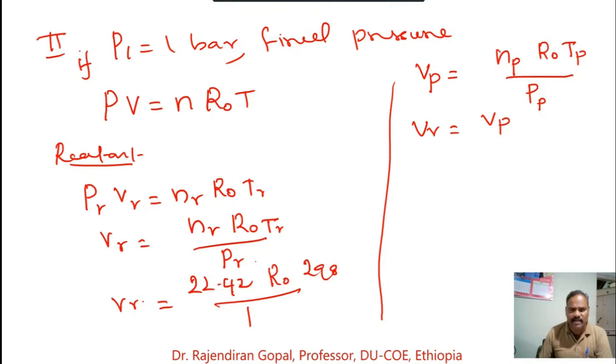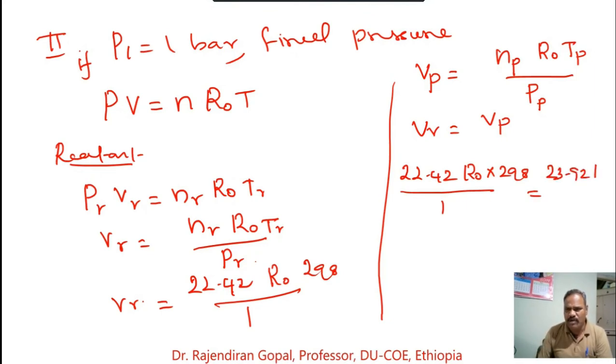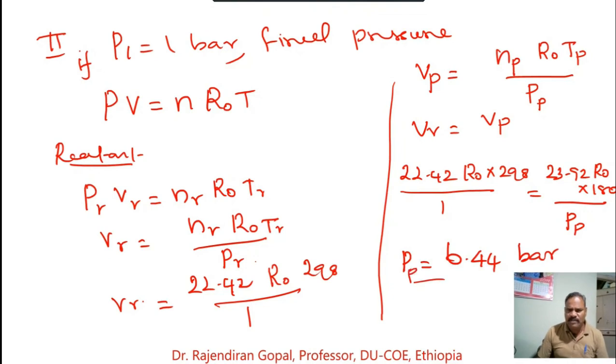Equating these two, 22.42 R naught multiplied by 298 over 1 bar is equal to the number of product 23.92 R naught multiplied by 1800 over the pressure of the product. So the pressure of the product is equal to 6.44 bar. So this is the final pressure.